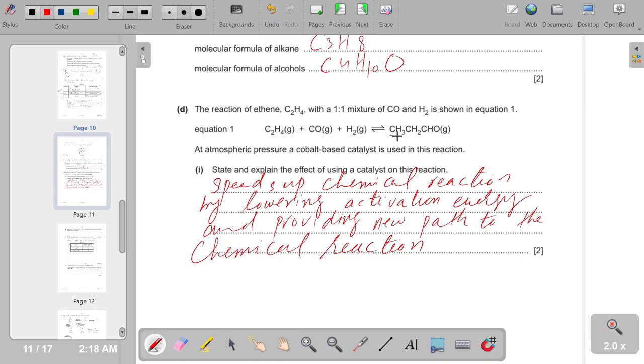The product side has 1 mole, and on the left side the number of moles is 3: 1 mole of ethene plus 1 mole of carbon monoxide plus 1 mole of hydrogen. When you increase pressure and the reactants and products are gases, the equilibrium shifts to the right-hand side, which contains fewer moles. So the equilibrium will shift to the side which contains the least number of moles.